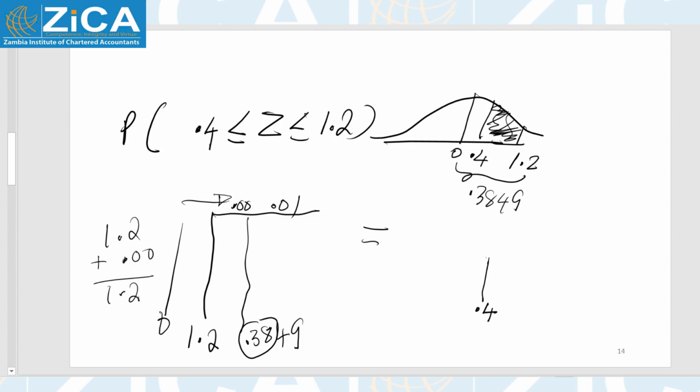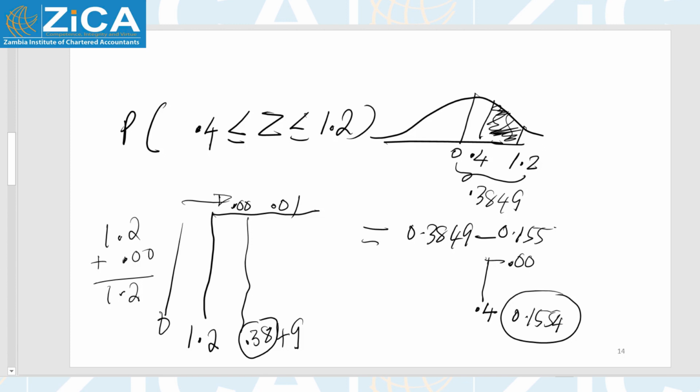Now, if you check again in the same tables, you check down here, you find 0.4. But across here, it's 0.00. Where these two intersect, you get the number 0.1554, when you are using the tables. So it means now the larger number here, which is 0.3849, should be minus 0.1554.